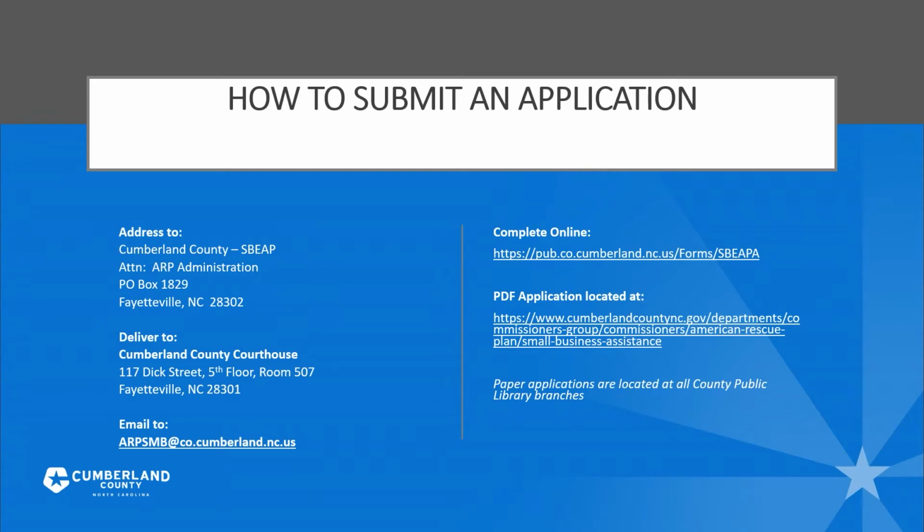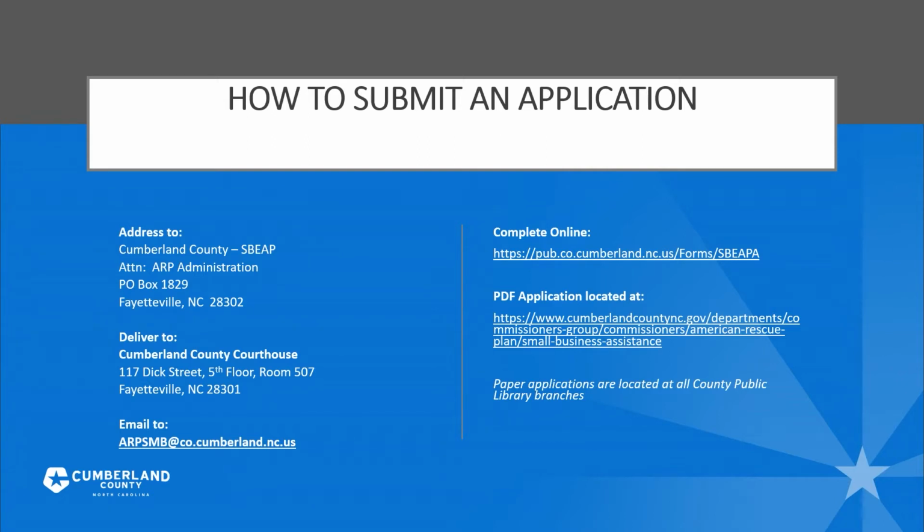You can submit your application by completing the web application and just clicking the submit button, and the application will automatically be forwarded to be reviewed. Applications can also be emailed to arpsmb@co.cumberland.nc.us.